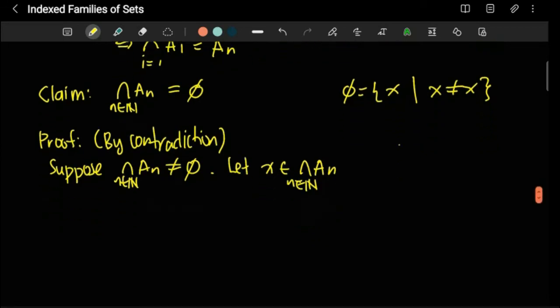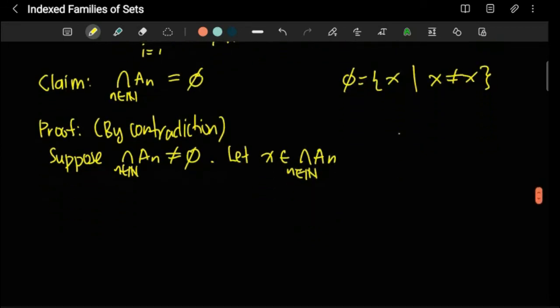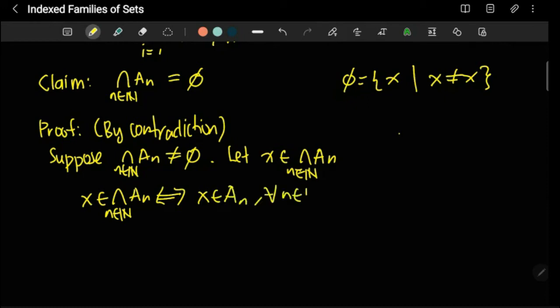So, ano mga conditions kay x dahil nandun siya sa intersection? Of course, since x is in the intersection, x is in the intersection of An for all n an element of the natural numbers. So that means that x is in An for all n. That's the condition of an arbitrary intersection.